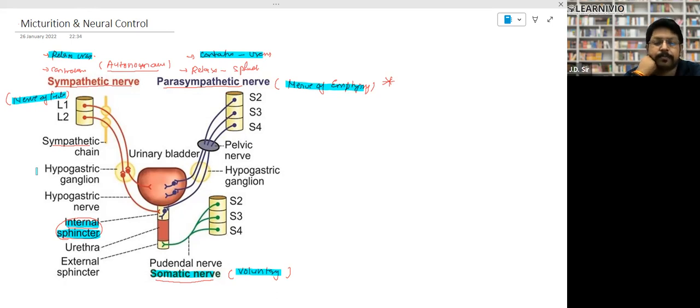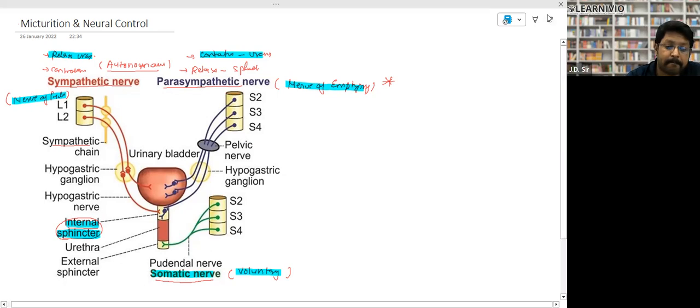Clear to all? But you have to remember which is responsible for contraction, which for relaxation, which is the nerve of filling, and which is the nerve of emptying. These are the questions; I have already made a star for them. Also which is voluntary and which is involuntary. You need to remember these things. Clear to all? Yes.